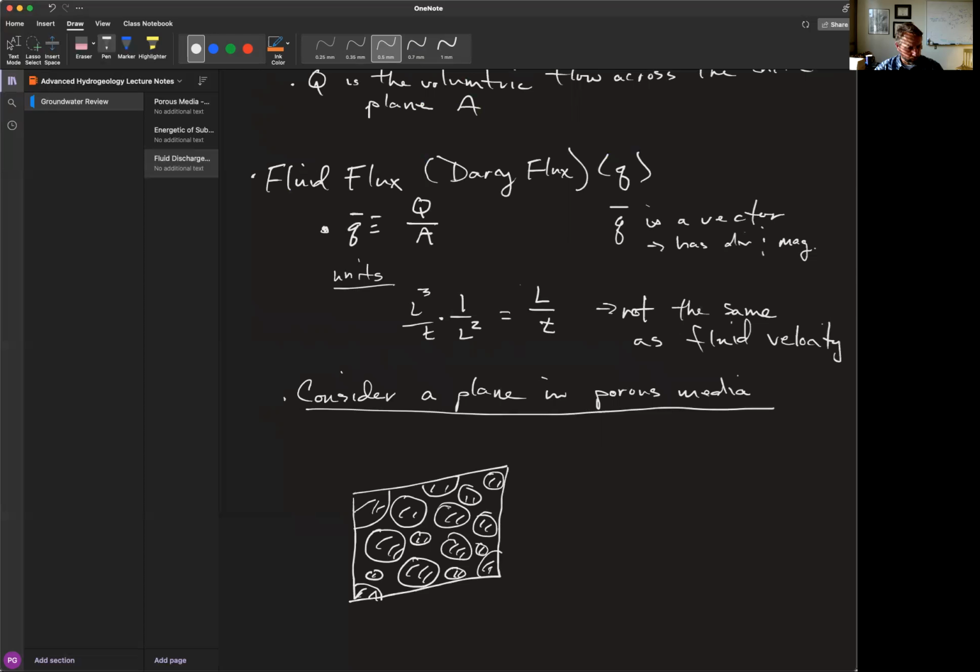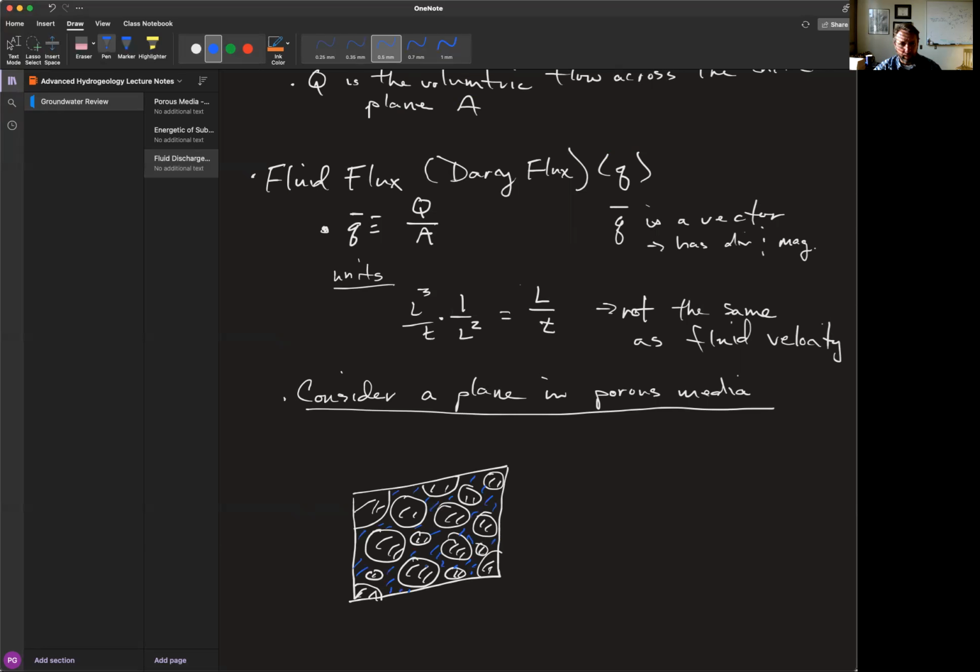And here's our plane. It has grains, and let's say we're 100% saturated. So all of our pore space is full of water.